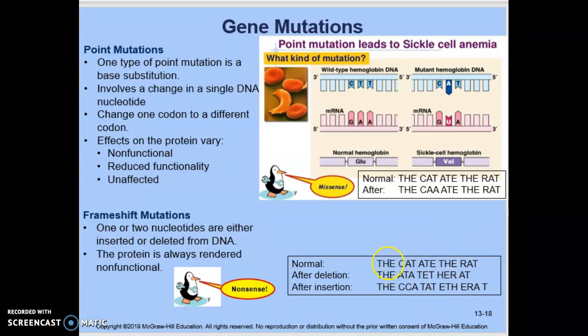For example, if I were to delete all 3 of these bases, CAT, then it would read the ate the rat. So the only thing that would change would be this 1 amino acid. But normally a frame shift mutation would be non-functional.